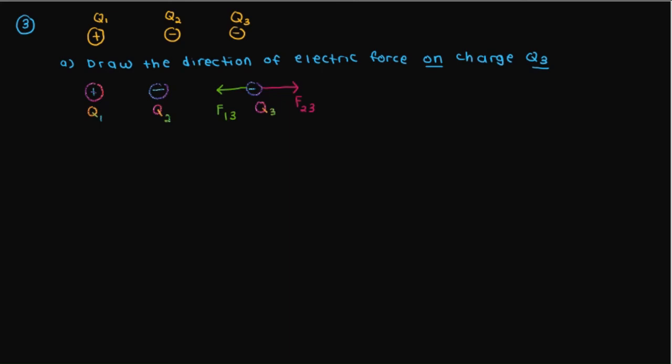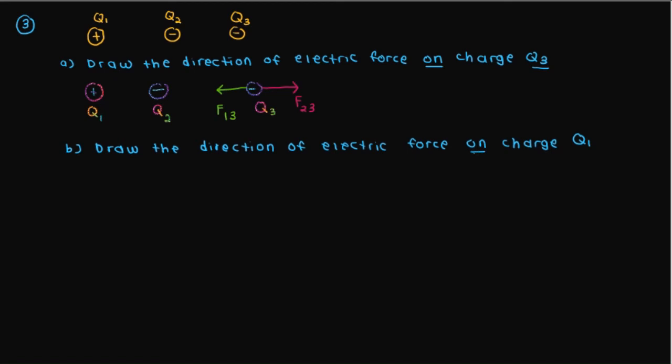Okay, let's say we have the same diagram, and we are asked to draw the direction of electric force on charge Q1. What happens if the question asks to draw the electric force on charge Q1? I already said just now, you refer to the word "on" here.